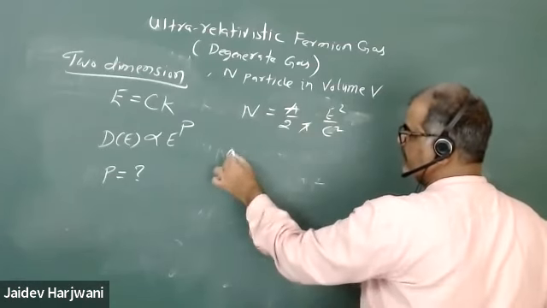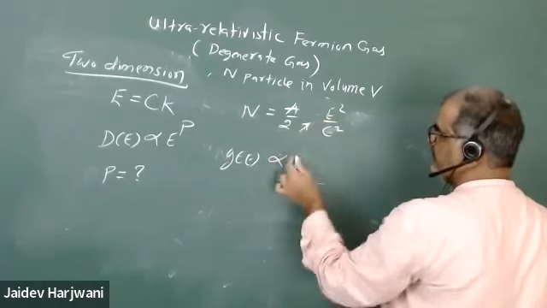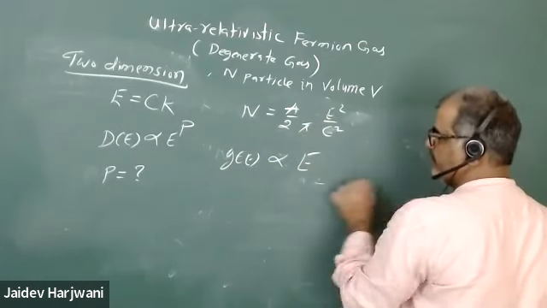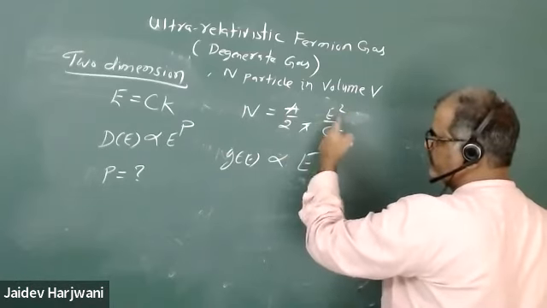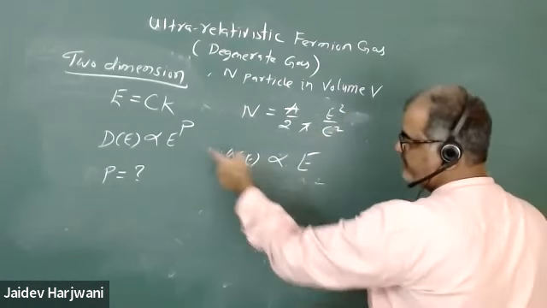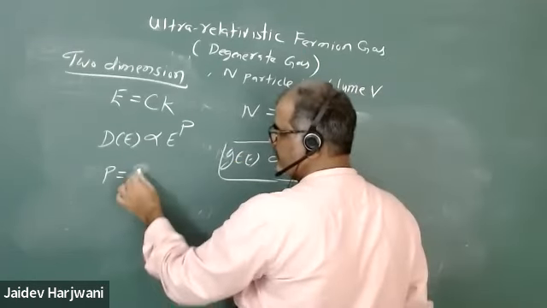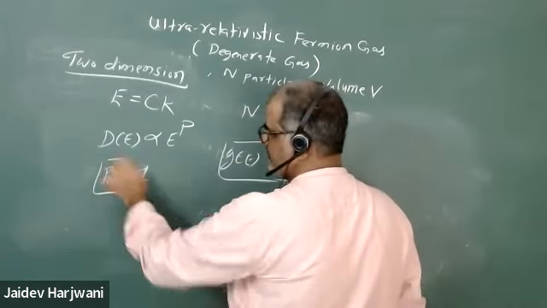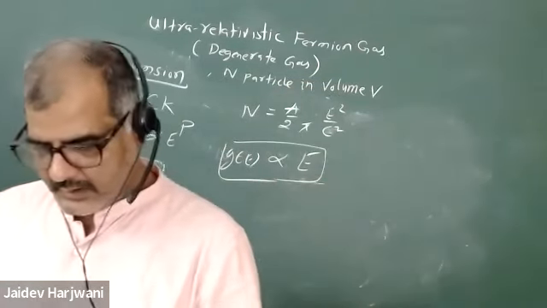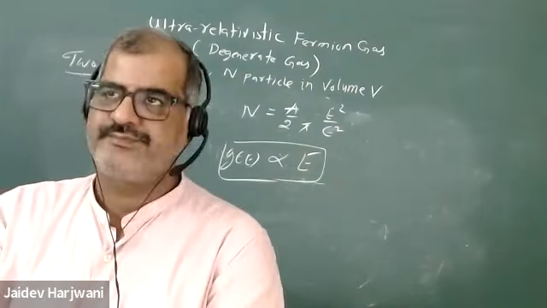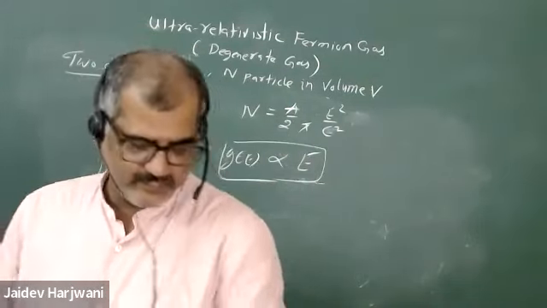I want g, which is dn by dE, proportional to E. If I differentiate this one, you get E here, so it is proportional to E only. That means my p is equal to 1. Are you getting what I'm doing here? Yes, sir.